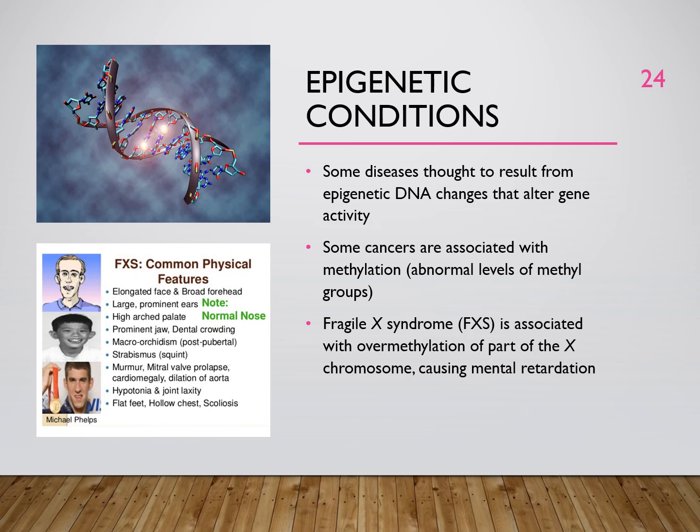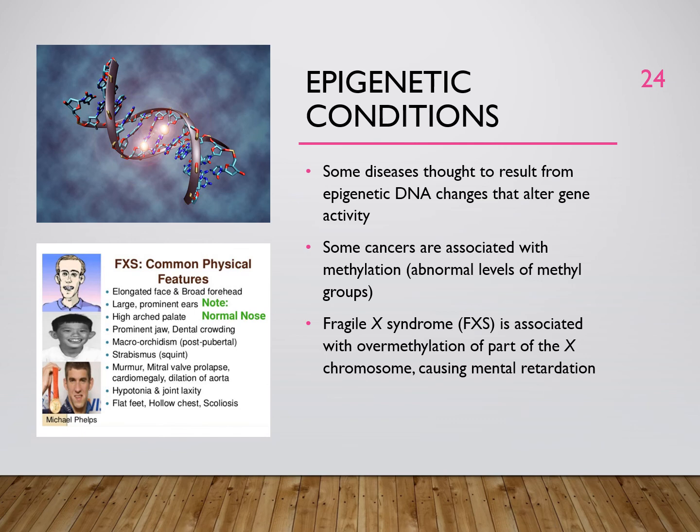The opposite effect is going to be with acetyl groups, because acetyl groups open the gate. If there's too much, the gates might stay open too long and let too much out. And if there's not enough acetyl groups, then the gates are not going to be open long enough, right? So basically, this is how it contributes to cancers, by either silencing genes that aren't supposed to be silenced or transcribing genes that aren't supposed to be transcribed, okay?